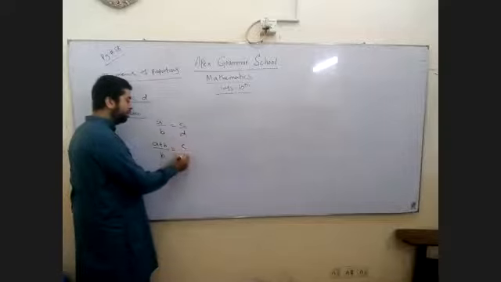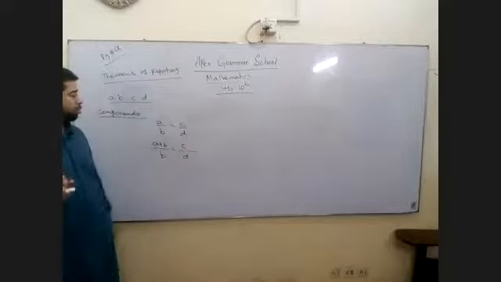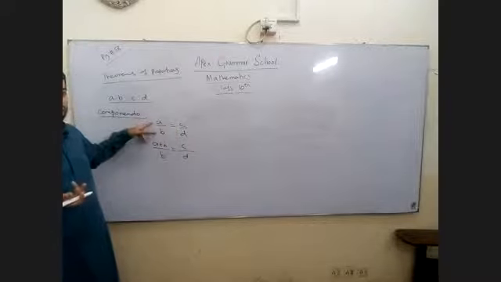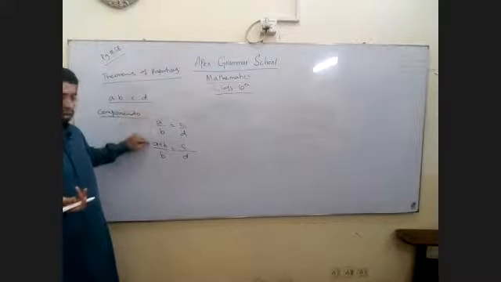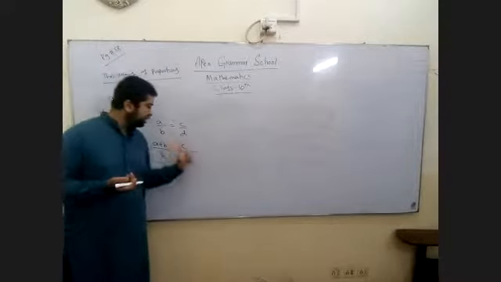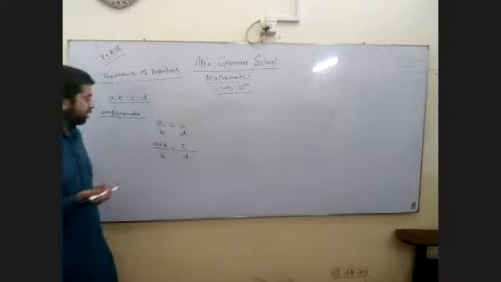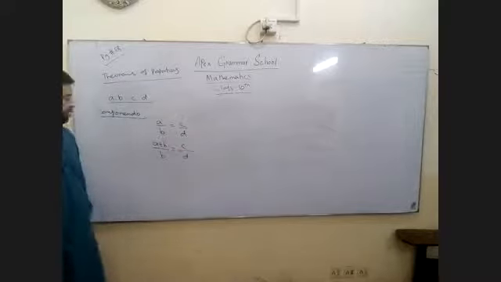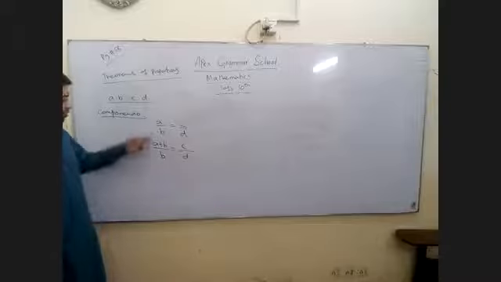We can't write it as only C over D, because C over D will only be equal if this is A over B. But if we change this numerator, then we must change the right-hand side numerator also. What change we apply here must also be applied on the right-hand side.